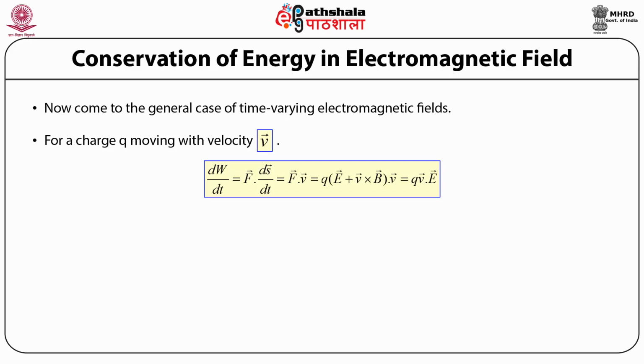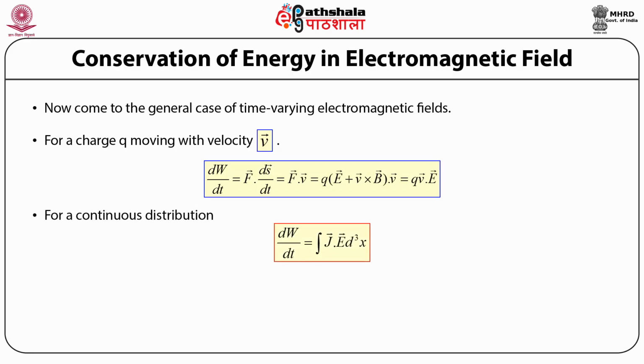Now, the Lorentz force for a charged particle q moving in both electric and magnetic fields gives the time derivative of the work done W as equal to charge q times the bracket of the electric field vector E plus the velocity vector v cross the magnetic field induction vector B, dot product with the velocity vector v.